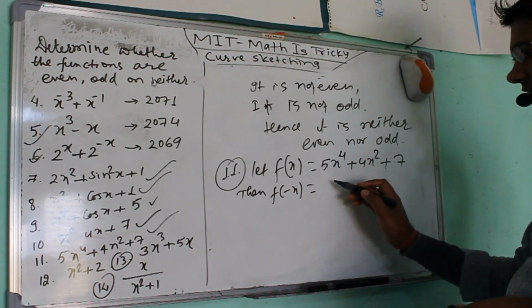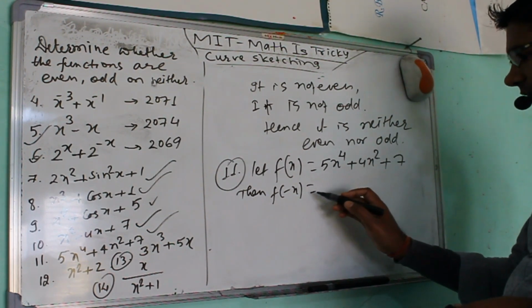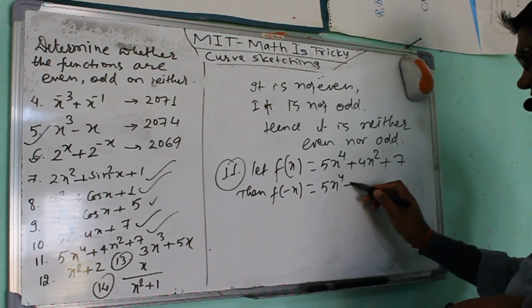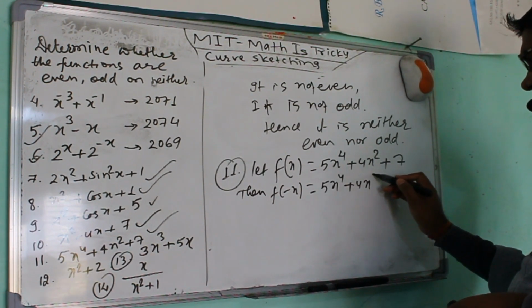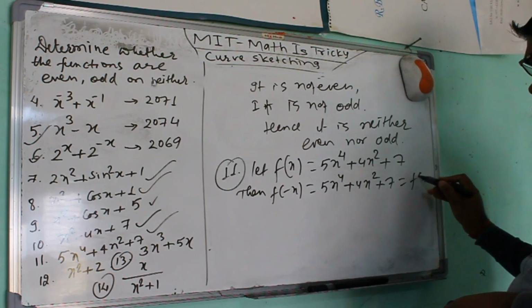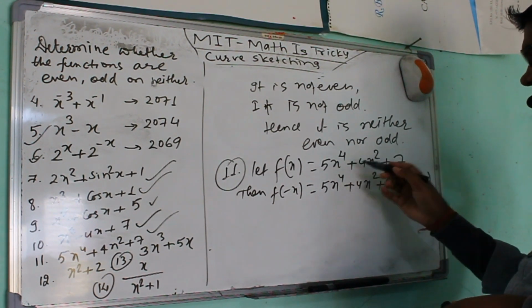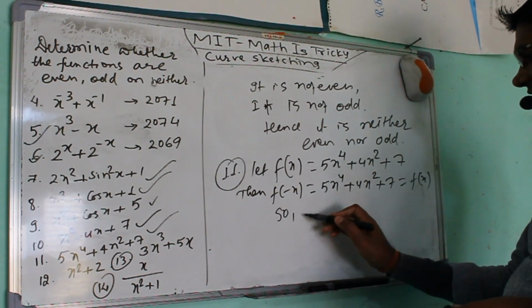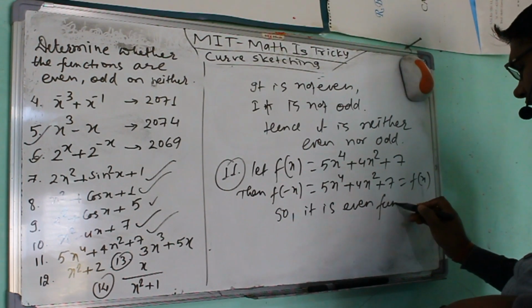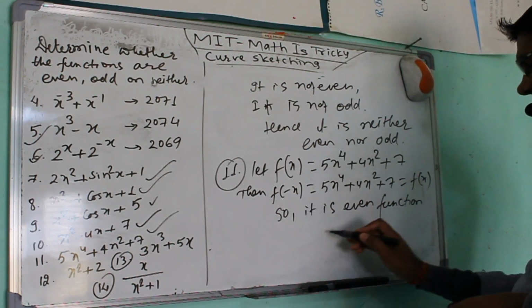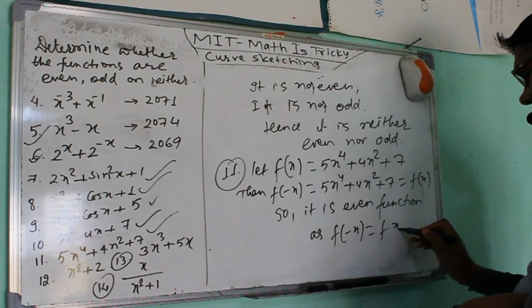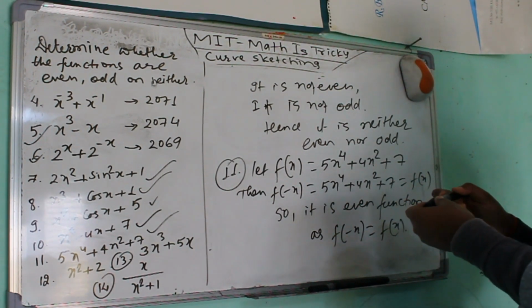F(-x) will be 5x to the power 4 plus 4x to the power 2 plus 7, which is the same as f(x). Since powers are even, we can write here it is an even function, as f(-x) equals f(x).